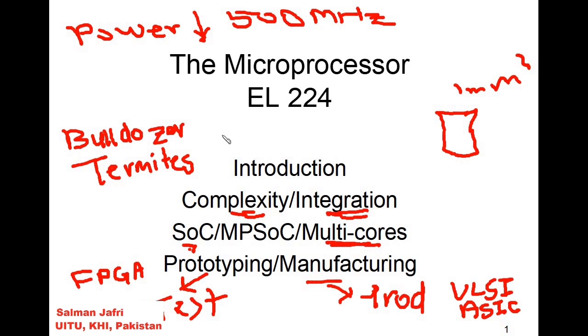But if we are doing casual processing like web browsing, then the termites are just enough to carry out the task. You don't need a very powerful bulldozer core to do that. So the idea of multiple cores, making a single core and copying that core, helps us in reducing the power consumption as well. So these are basically some of the introductory ideas.